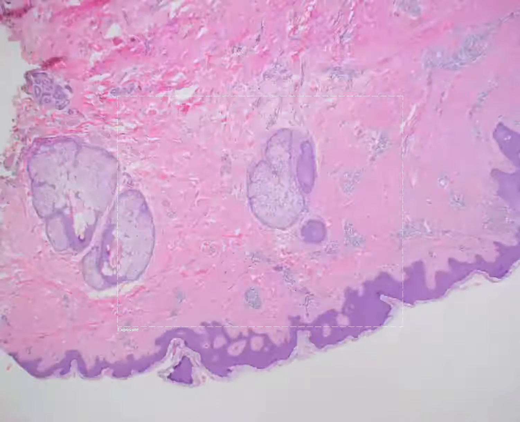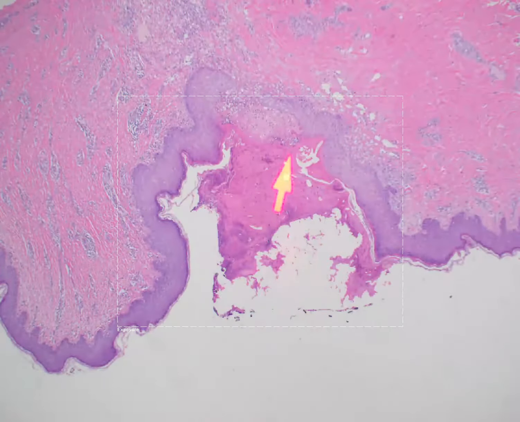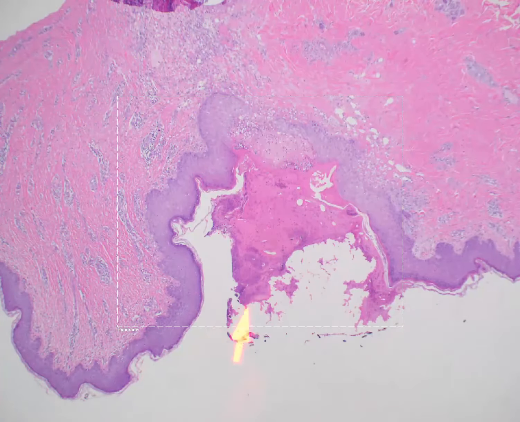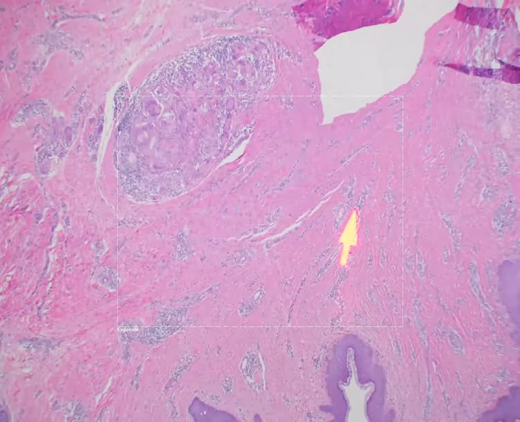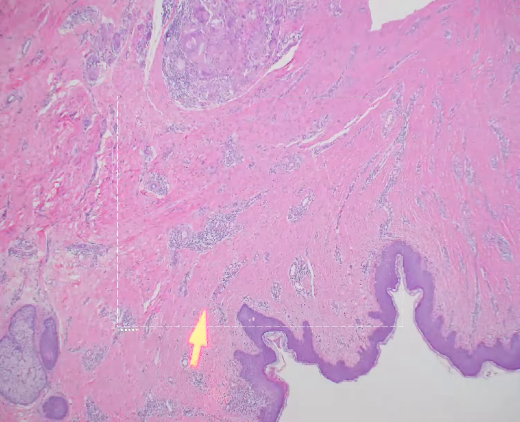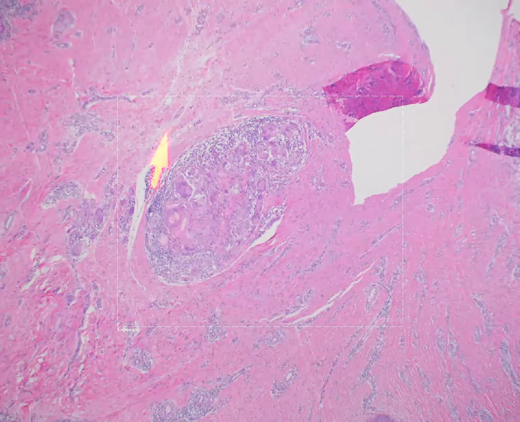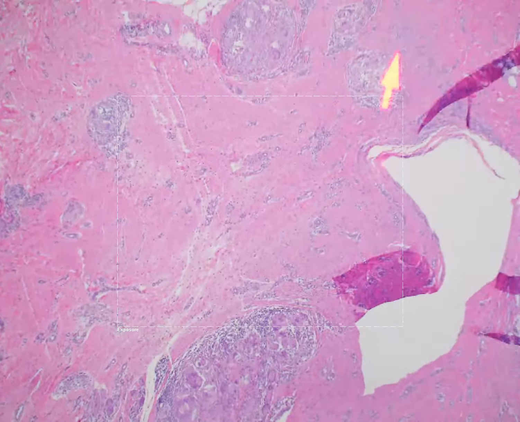There's some papillomatosis of the epidermis. There's focal ulceration with some inflamed hyperkeratotic serum crust. There's quite a bit of fibrosis indicative of post-procedural or post-biopsy related reparative or healing skin change. But I want to draw your attention to these nodular aggregates of varying size throughout the dermis.